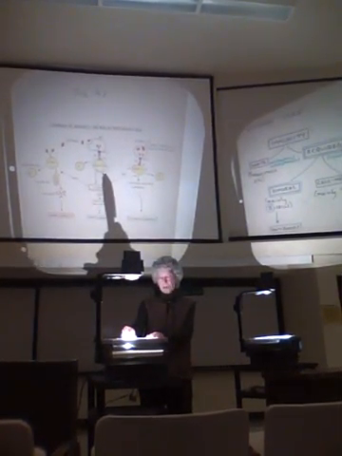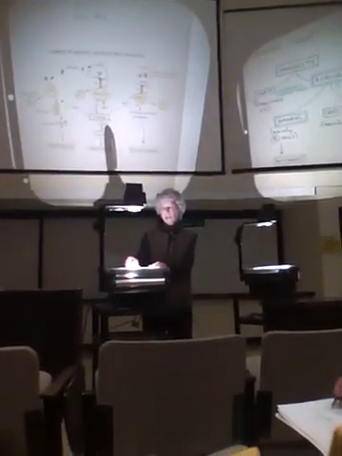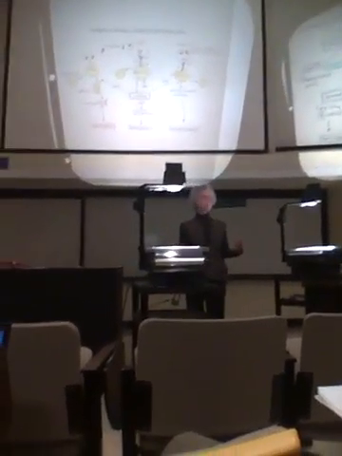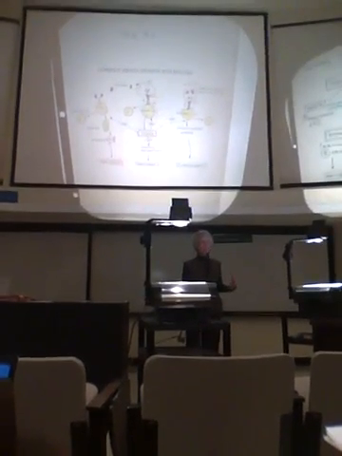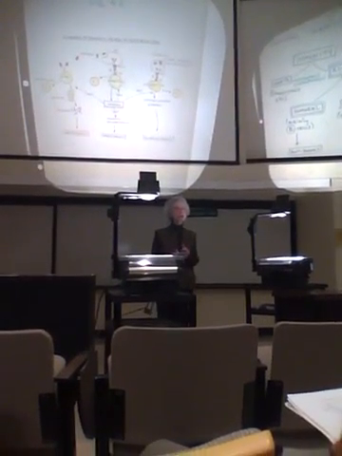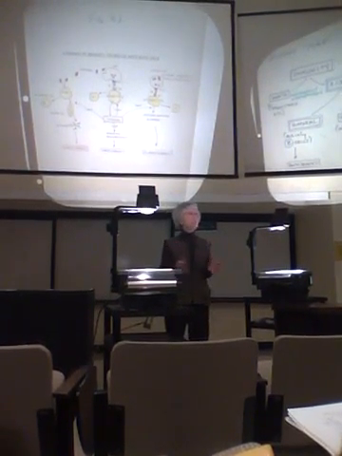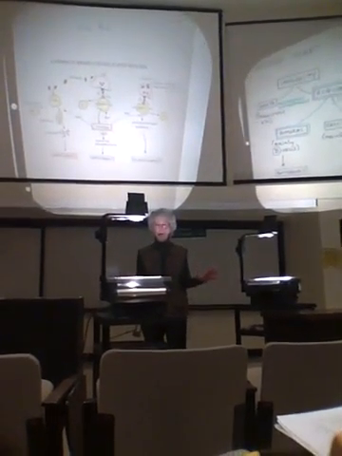And these helper cells respond by producing whole families of different cytokines. And there's different subtypes of helper T cells that produce different subfamilies of cytokines we can learn about.